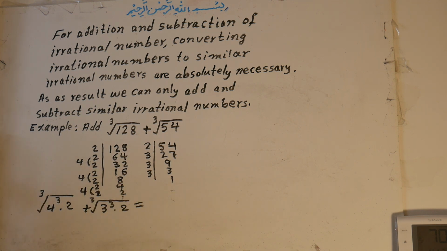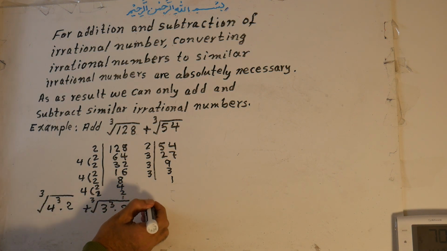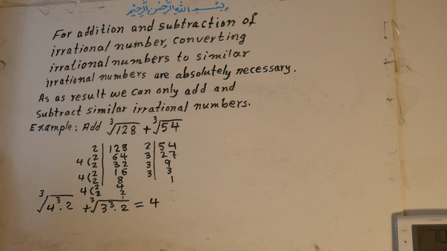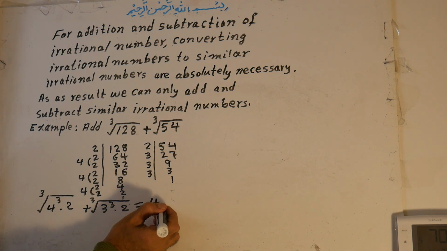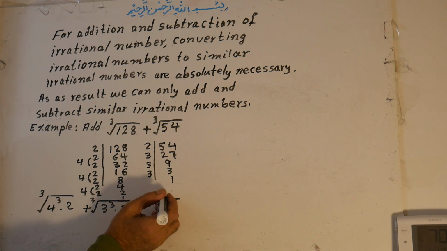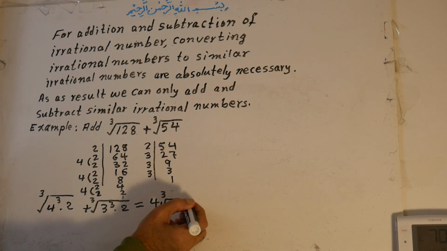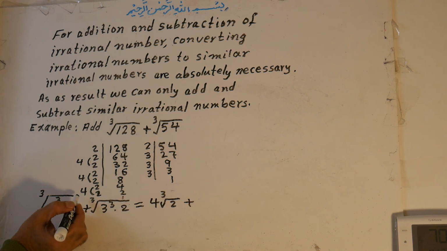Now the power of 3 cancels with the cubic root, and here remaining only 4 outside the cubic root, 4 times here remaining only 2 under the cubic root, plus here the power of 3 is opposite the cubic root.